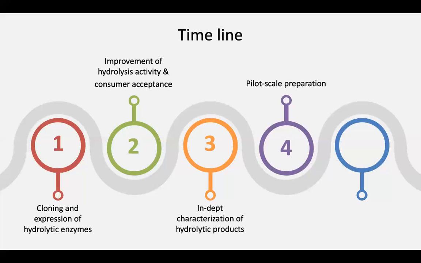But before that, we had to try to produce it on a bigger scale. When you study enzymes, hydrolysis of the material, the scale is 1 milliliter in a small test tube. That is enough to understand the function and properties of the enzyme and the product on a small scale, but that's not enough for industrial application. So later on, I had to move on to a larger scale of preparation.